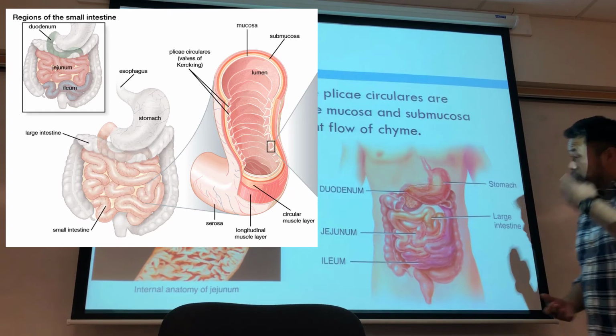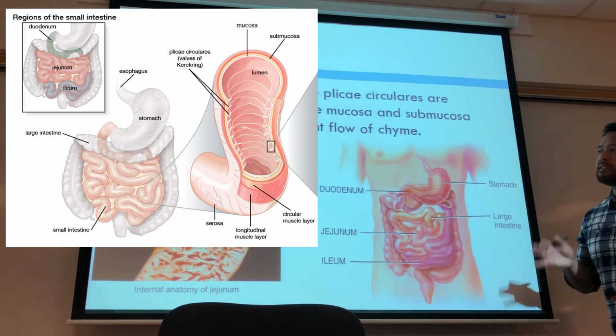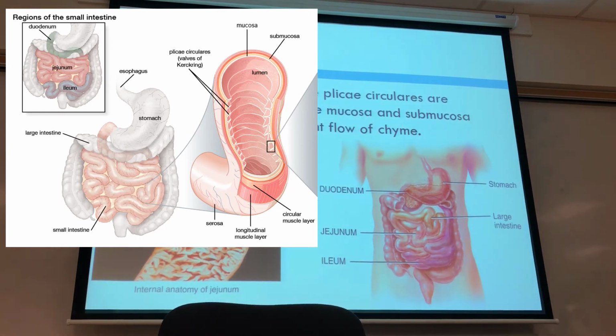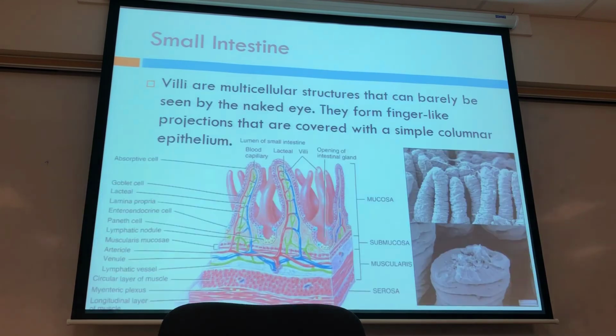And we want this turbulence to slow that process down. So with that, we have this increased surface area due to the plicae circularis. We want increased surface area to slow this down. What it's doing is agitating that fluid, that chyme, as it makes its way through the small intestine.